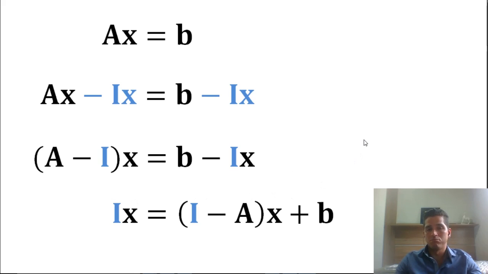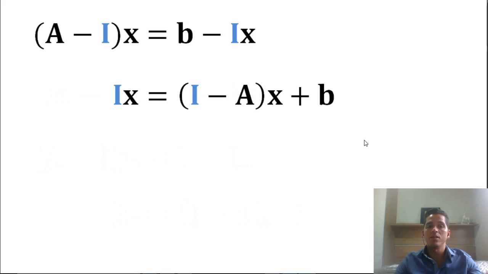Reading it another way, in another form, okay? Ix equals (I minus A)x plus b. We are still solving Ax equals b. So let me show you. We have here Ax equals b, written in another form. I didn't tell you, but I is the identity matrix. In its main diagonal, we just have ones, and in the other elements, we have just zeros.